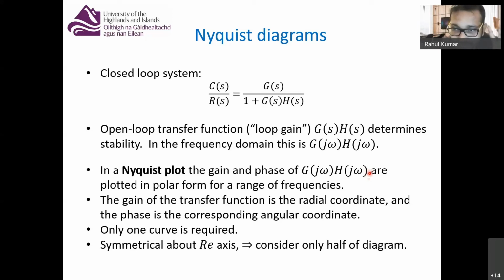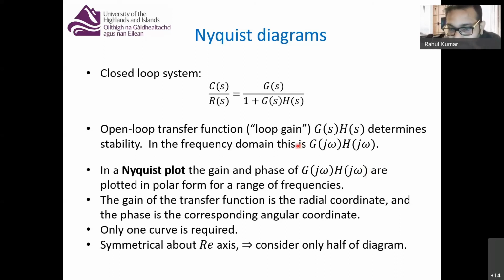In the case of the Nyquist plot, it's a bit simpler because both the magnitude and the phase are plotted on the same graph. You won't get two different graphs. Instead, in the Nyquist diagram, you will get both the magnitude and the phase value on the same plot, right?